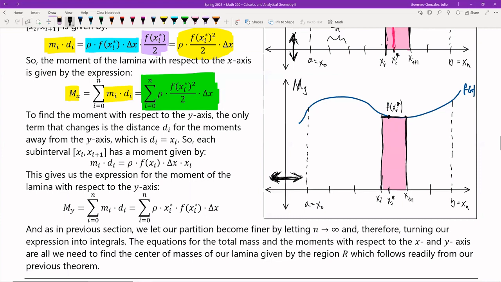I know this is going to be a little bit confusing. I'm finding the ith moment for this particular shape, but I'm doing it with respect to the y-axis. So this is still going to be an mi times di. It's going to be a moment, or a mass, sorry, equal.